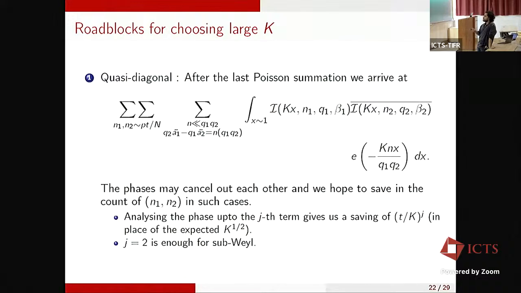But of course, you can keep analyzing your counting problem, taking into consideration more lower order terms. So in principle, we can really choose k to be close to t. But yes, this will require work. But for Sub-Weyl, we just need to consider the counting problem for j equal to 2.